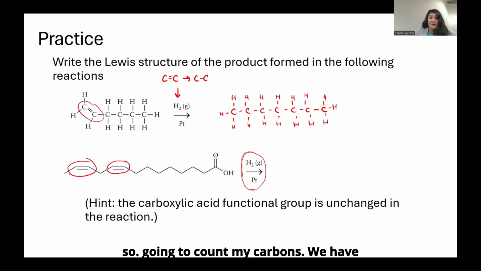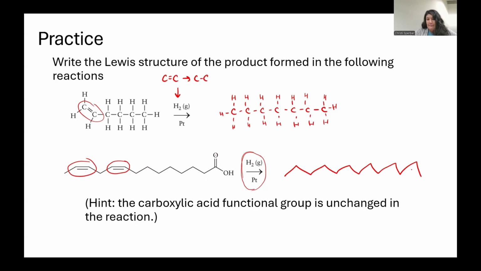So I'm going to count my carbons. We have 1, 2, 3, 4, 5, 6, 7, 8, 9, 10, 11, 12, 13, 14 carbons. So it's all going to go to saturation.